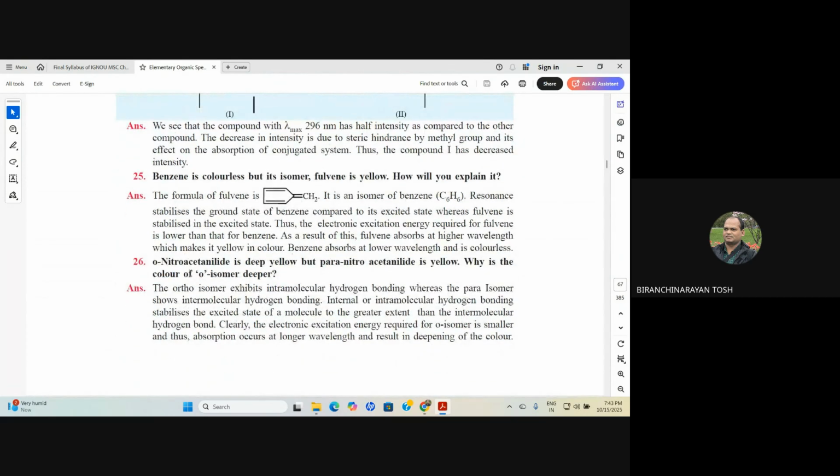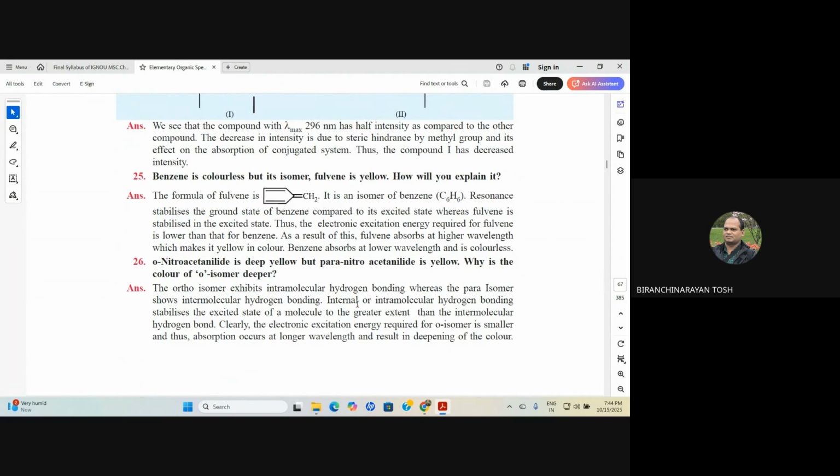Same thing, ortho-nitroacetanilide is deep yellow, but para-nitroacetanilide is yellow. Why is the color of the ortho isomer different? Because the ortho isomer exhibits intramolecular hydrogen bonding, while in the para isomer, intermolecular hydrogen bonding occurs.